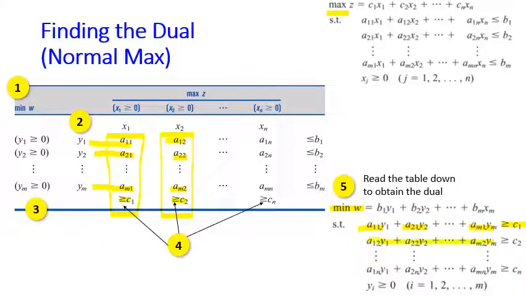So that's the second constraint. You do the same thing up to the nth constraint, a1n times y1 plus a2n times y2 plus up to amn times ym greater than or equal to cn. Okay, so that's how you read the constraints.